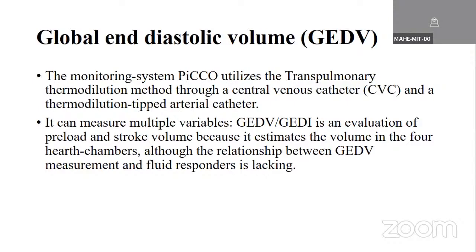It basically tells the volume in the four chambers of the heart, but we cannot tell whether the patient is fluid responsive after giving fluid. These are all static parameters. It tells the volume status, but not the volume responsiveness or fluid responsiveness.